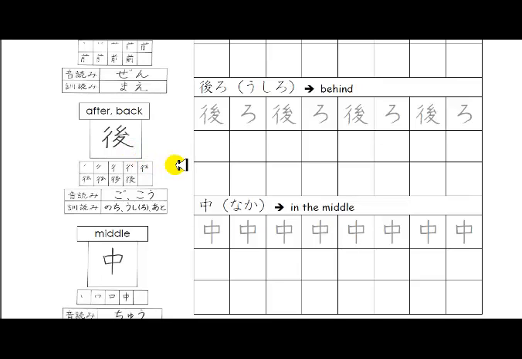So again, behind the table would be teburu no ushiro. Note that you have to write the ro separately after the kanji. This kanji only says ushi, and you've got to write the ro separately. So behind the table, teburu no ushiro ni hon ga arimasu. There's a book behind the table.